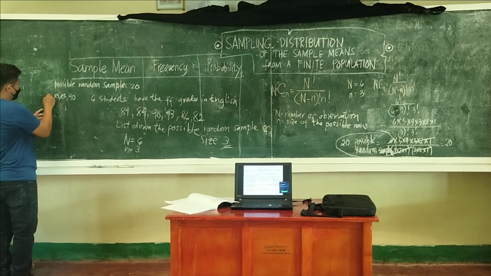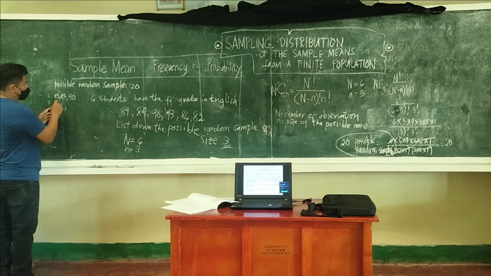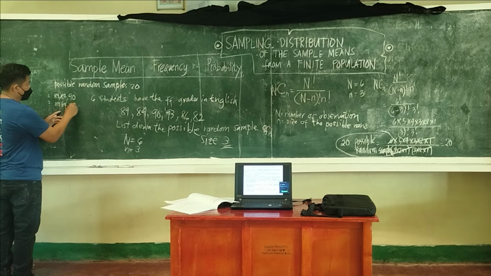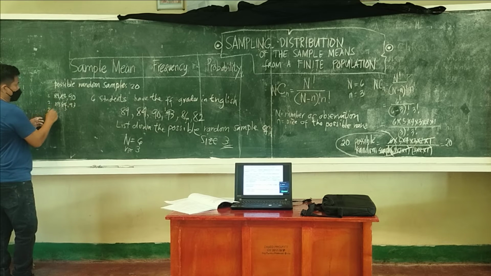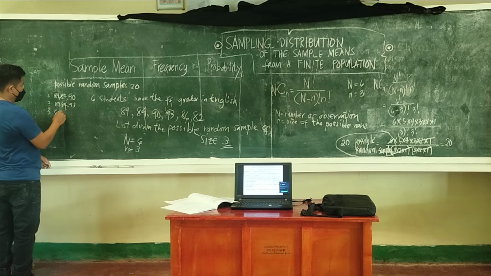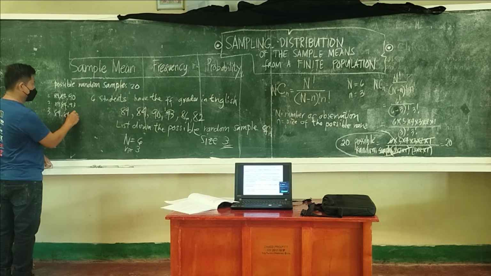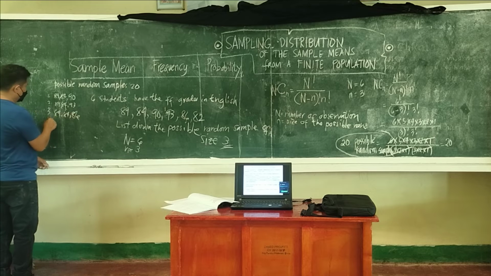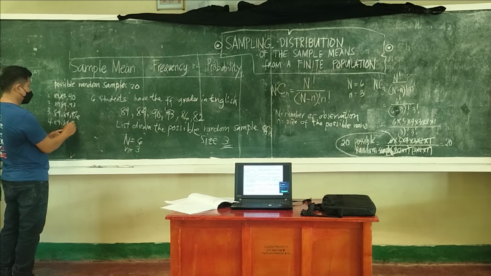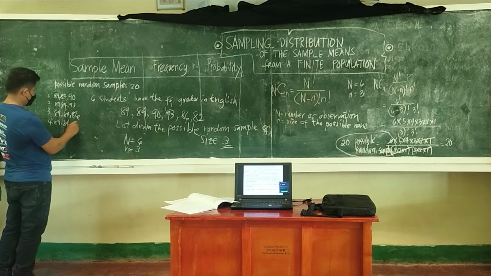So that is our first. Second, we have 89, 84, 93. Then 3, 89, 84, 86. 4, 89, 84, 82.